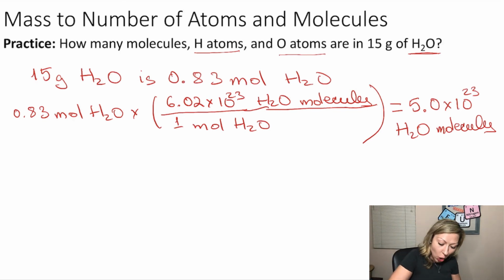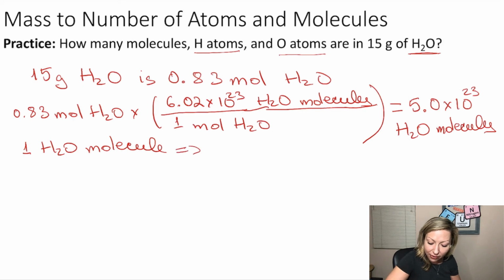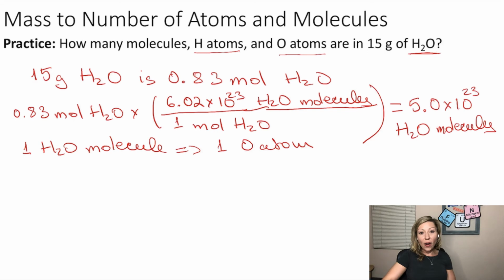Okay, now how do I convert from number of molecules into number of atoms? So I know that in one H2O molecule, I'm going to have 1 oxygen atom. All right, so how many oxygen atoms do I have in 15 grams of H2O? The same number as the number of molecules, right? Because the conversion factor is 1 to 1.